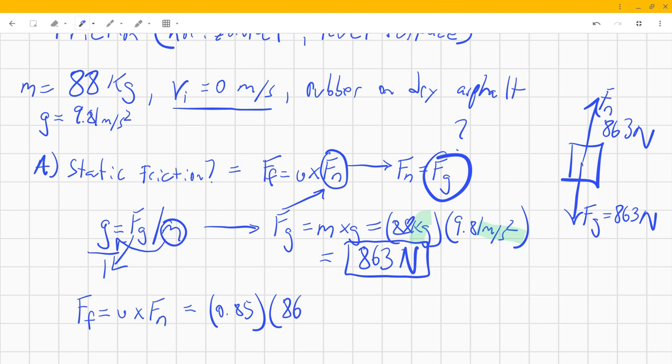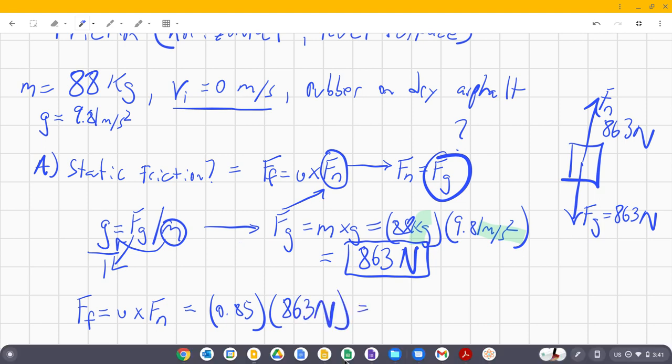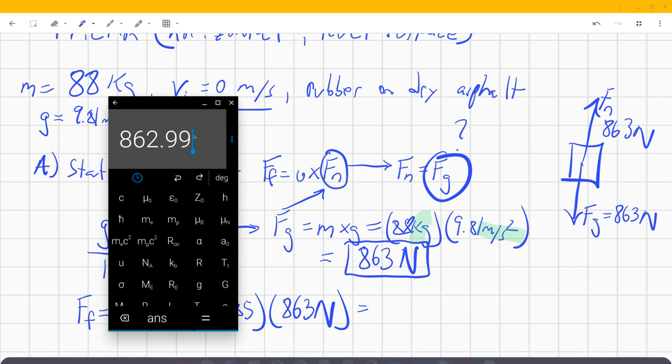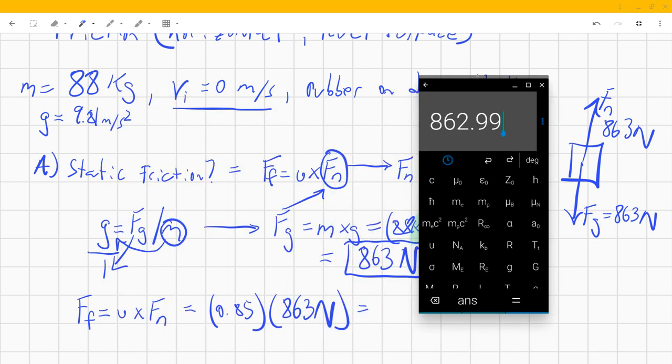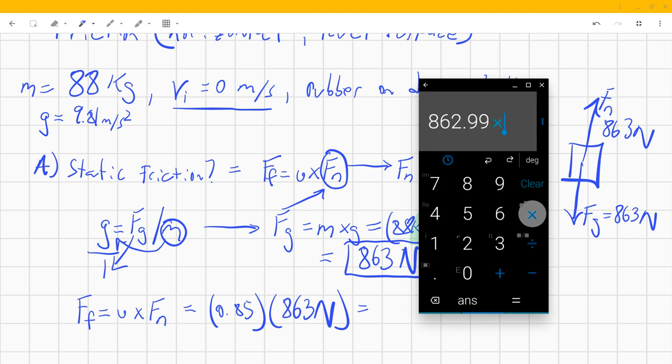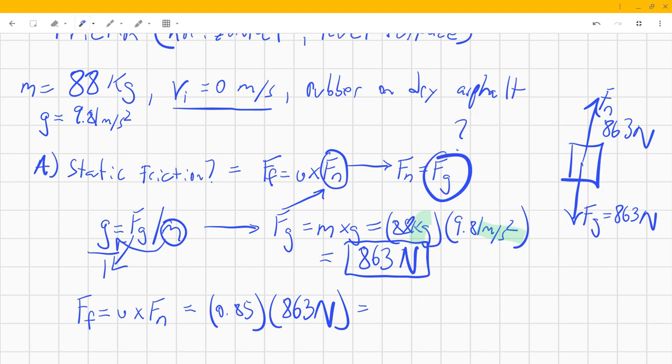So we're going to multiply that by 863 newtons and see what we get. So it's the last answer I had, times 0.85. 733.54. I'll just round it to a nice cool 734 newtons. There we go.